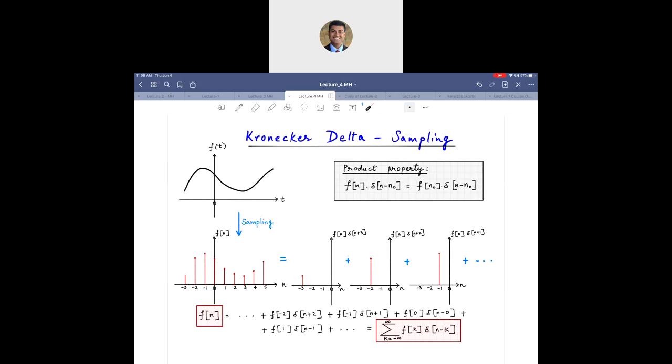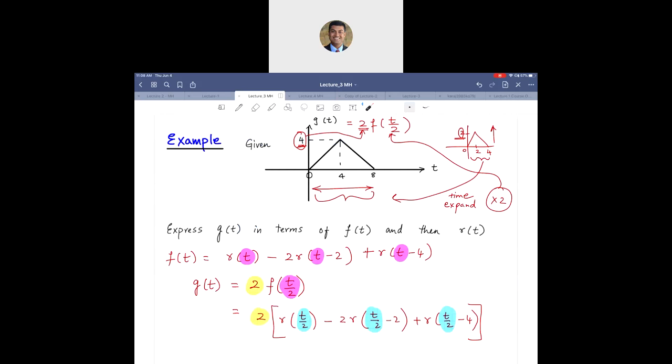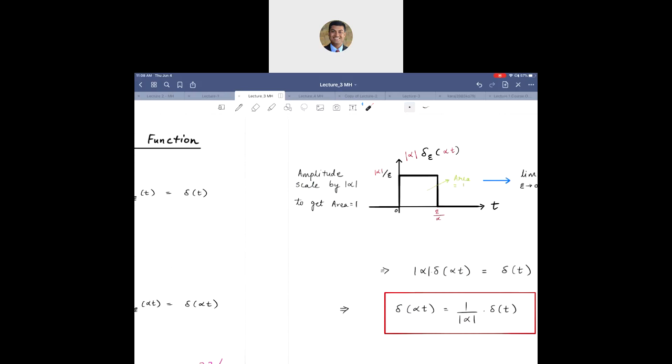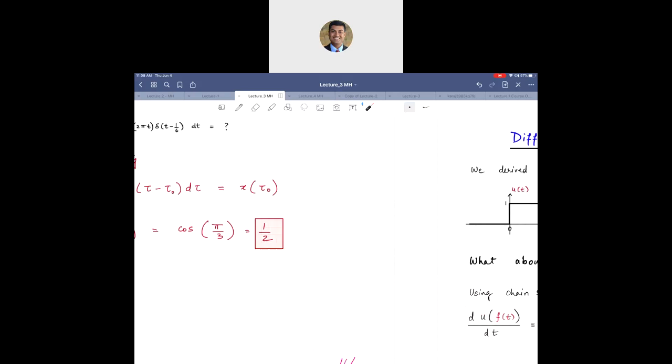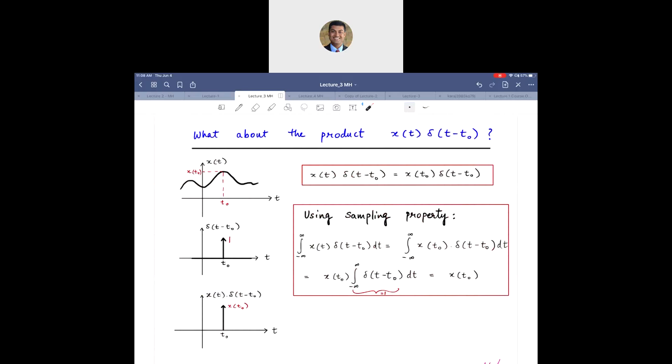If I go back to my lecture here and point that out to you, this was in the previous lecture right there. x of t multiplied by an impulse at t0 is x of t evaluated at t0 multiplied by delta of t minus t0.